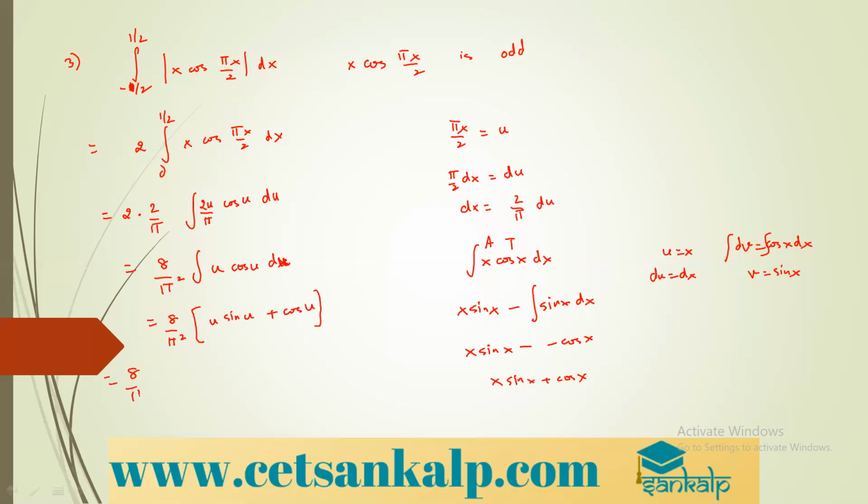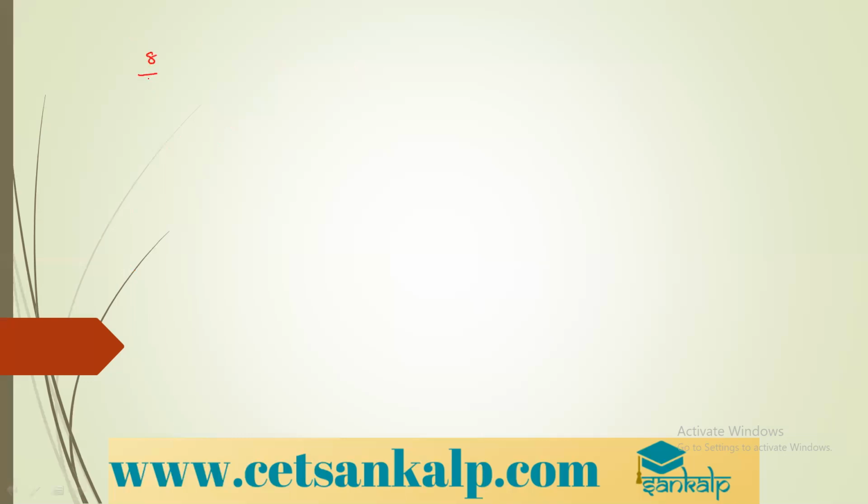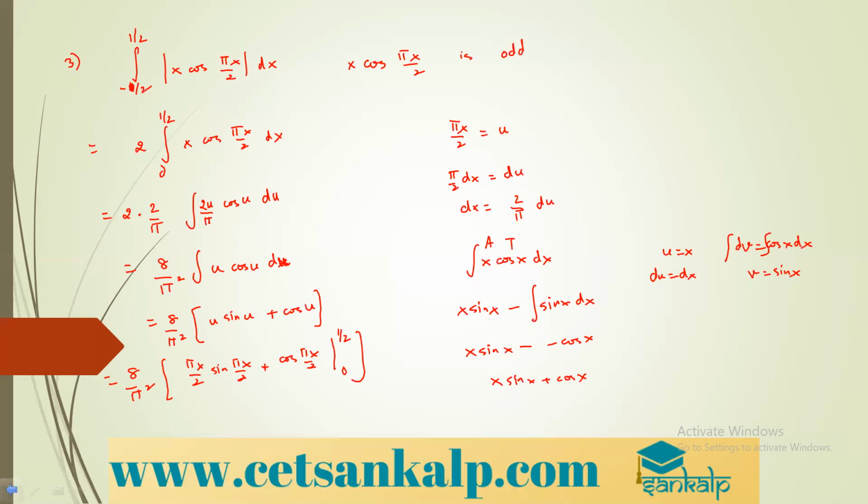But then u I can write as pi x by 2: sine pi x by 2 plus cos pi x by 2. The bounds are 0 to 1 by 2. So I can write this as 8 by pi square. I have to put 1 by 2 for x.